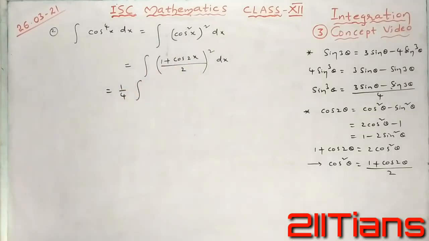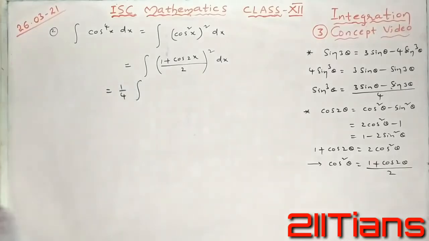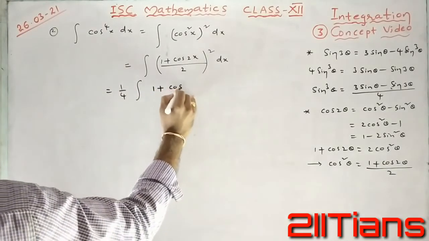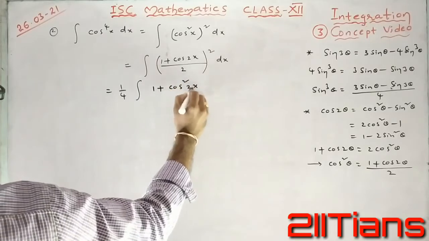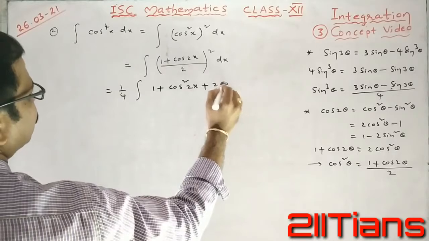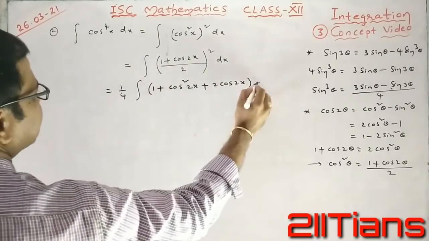Integral, it looks like (a plus b) whole square. We can write a square, which is 1, plus b square, which is cos square 2x, plus 2ab: 2 2s are 2, 1s are 2 cos 2x dx.